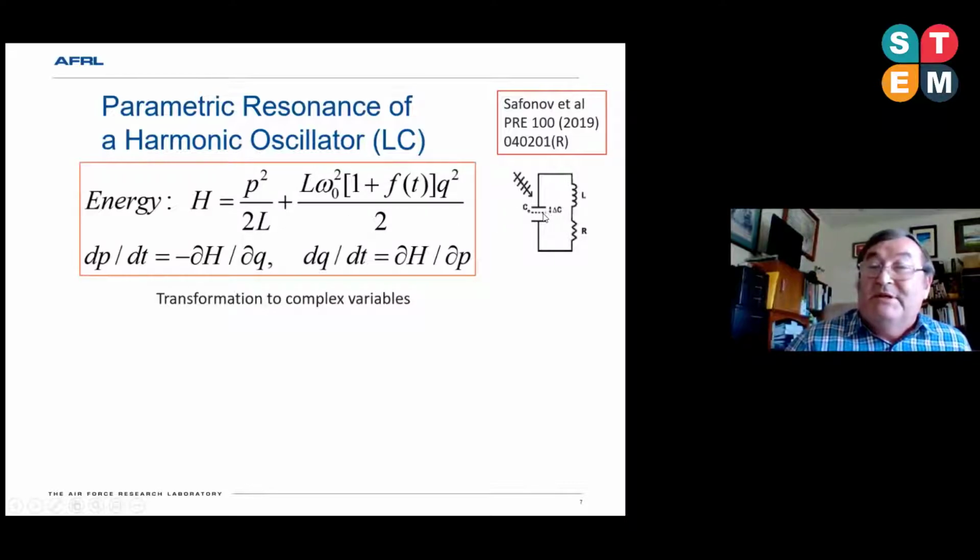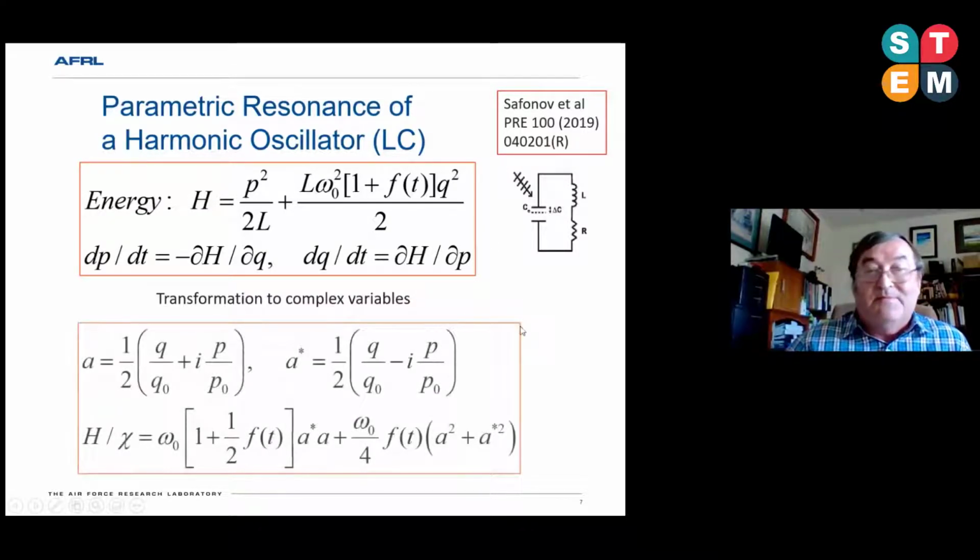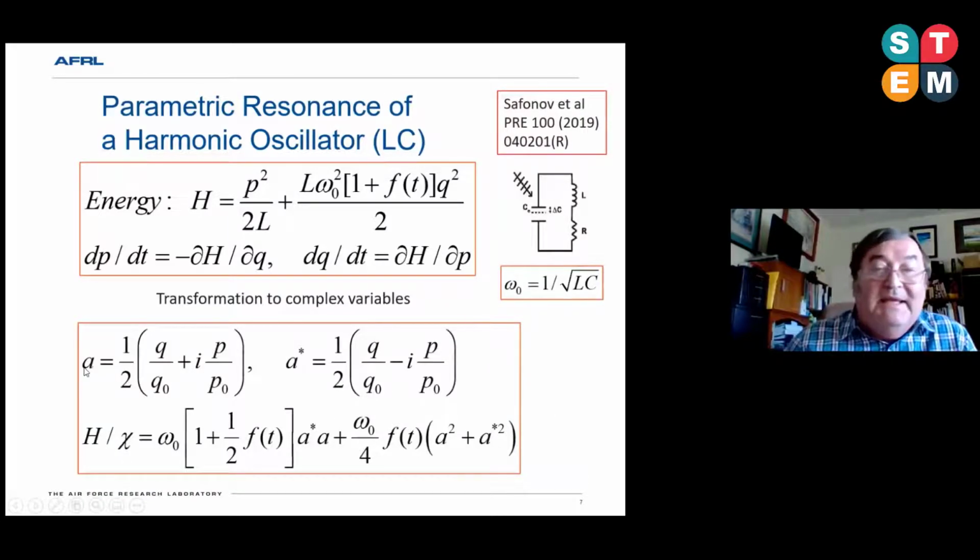And we just modulate the distance between the two plates of the capacitor. We modulate the frequency. Okay, we can transform this Hamiltonian to complex variables.